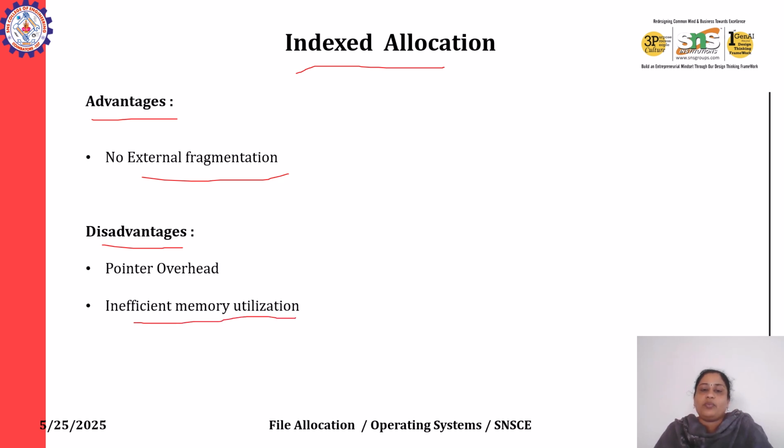For a very small file of 2 to 3 blocks, a separate index block will still be stored for accessing the addresses of those blocks. This results in inefficient memory utilization. These are some disadvantages of indexed allocation.